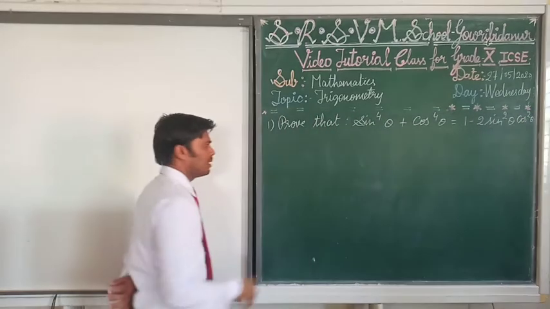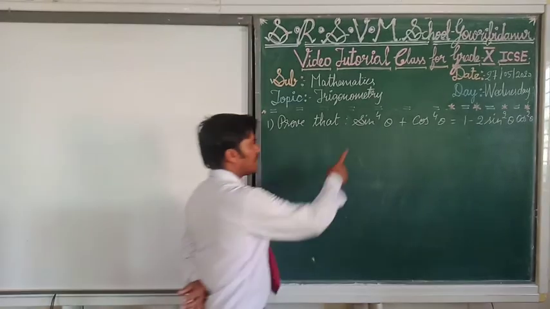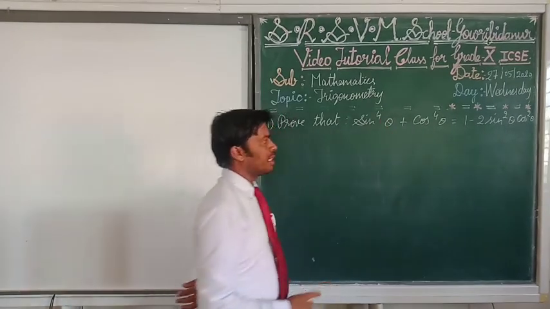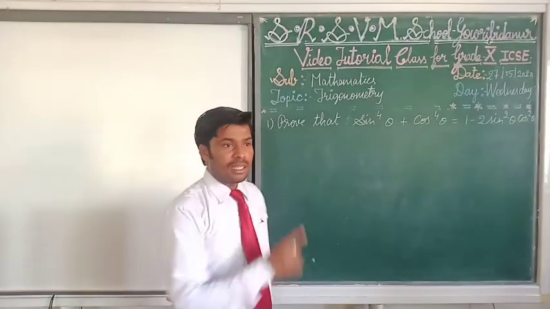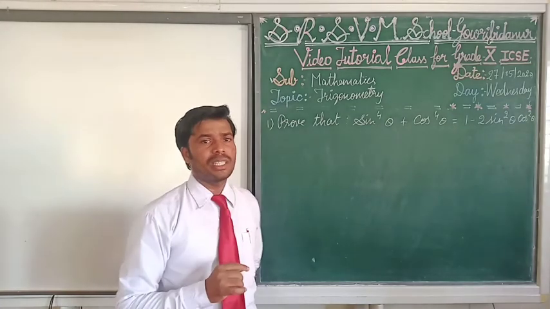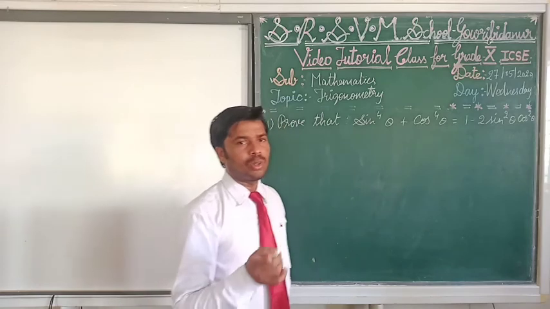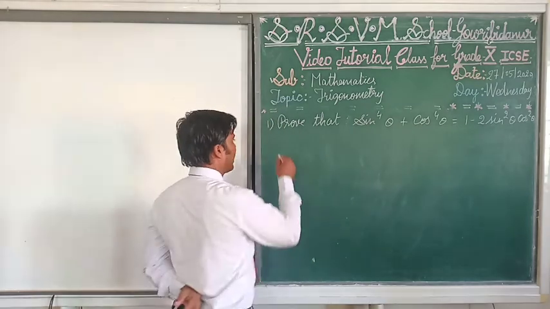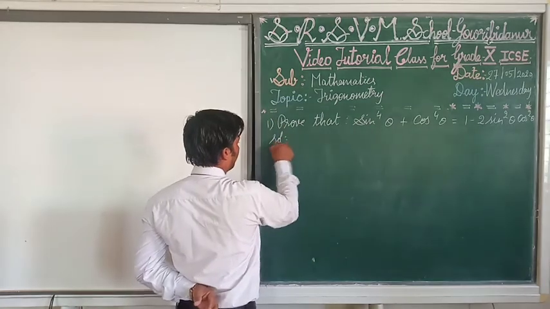We want to prove this one. Here see sin power 4 theta plus cos power 4 theta. We have already seen this kind of thing in identities, nothing but the first identity, sin square theta plus cos square theta is equal to 1. That identity you take for the solution.